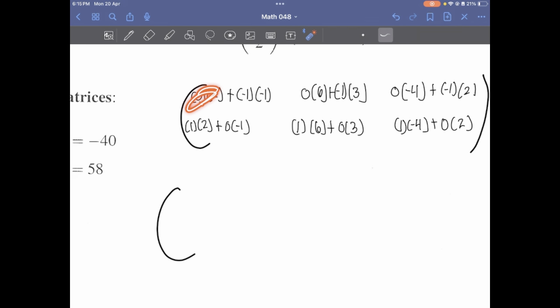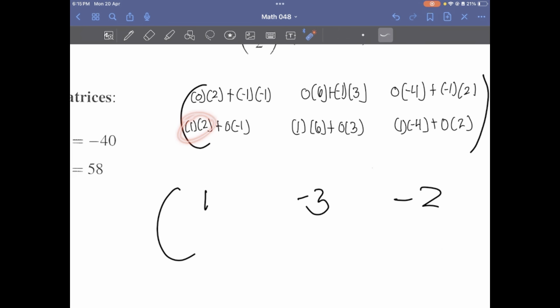And now we could simplify that. So 0 times 2 is just 0, plus negative 1 times negative 1. Negative 1 times negative 1 is just 1, so that's 1 here. Negative 1 times 3 is negative 3, so negative 3 here. Negative 1 times 2 is negative 2, so that's negative 2 here.